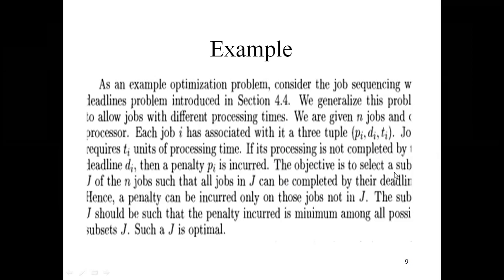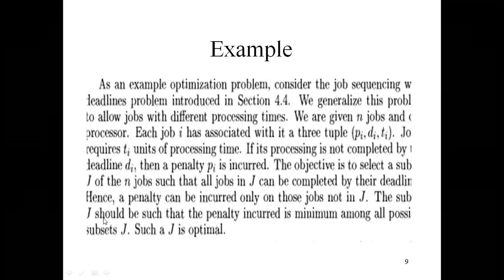The objective is to select a subset J of the n jobs such that all jobs in J can be completed by their deadlines. Hence, a penalty can be incurred only on those jobs not in J. On those, some penalty is incurred.